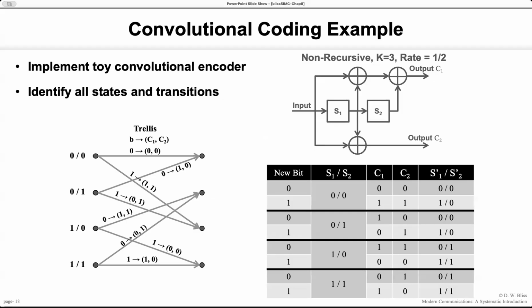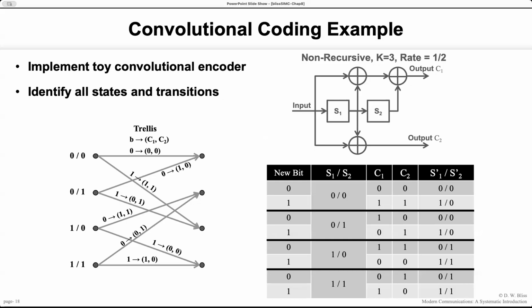If we have the 0, 0 state, and typically, by the way, when you start using a convolutional code by convention, you assume that you're starting in the 0, 0 state, but you could pick any state you want. So long as the transmitter and receiver agree, it doesn't really matter. But let's assume we're always going to start in the 0, 0 state. Then if the new information bit is a 0, then basically everything is 0.